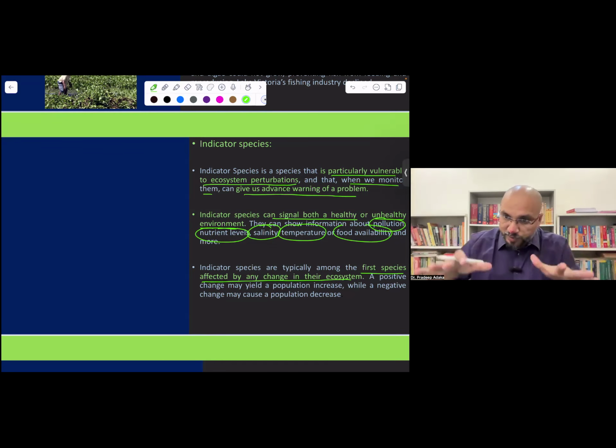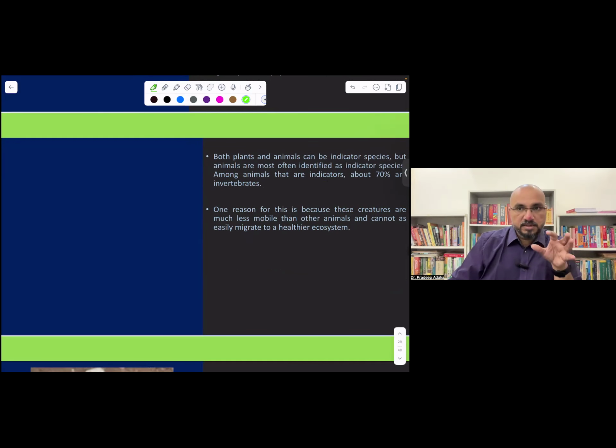If the environment is getting polluted or damaged, the population of these indicator species, because they're very sensitive, will get affected and come down. So you can look at the indicator species and tell about the health of the ecosystem. Both plants and animals can be indicator species, but the majority of indicator species are amphibians and invertebrates.